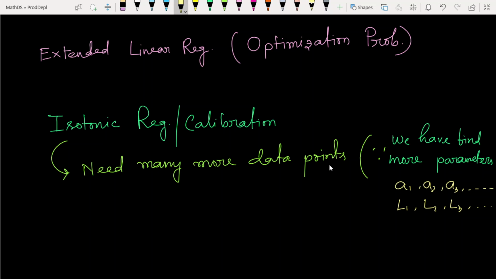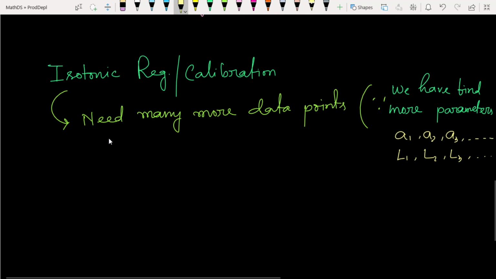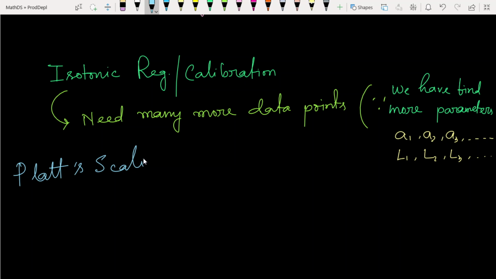But if you compare this with Platt scaling, which we discussed in the previous video, in Platt scaling we only need to predict two hyperparameters, A and B. That's enough.